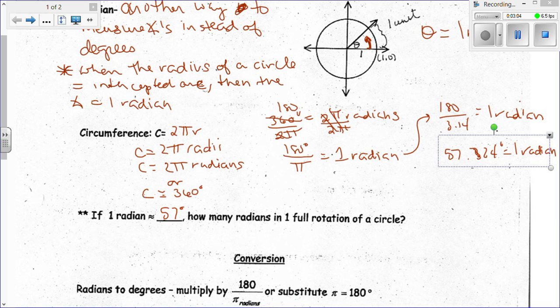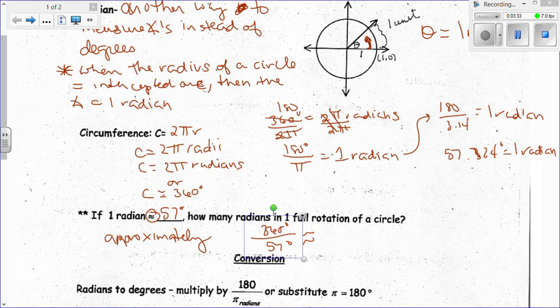How many radians in one full rotation of a circle? Okay, that symbol means approximately. To figure out how many radians are in one full rotation of a circle, I have 360 degrees, and if I divide by 57 degrees as my approximation, I get approximately 6.316.